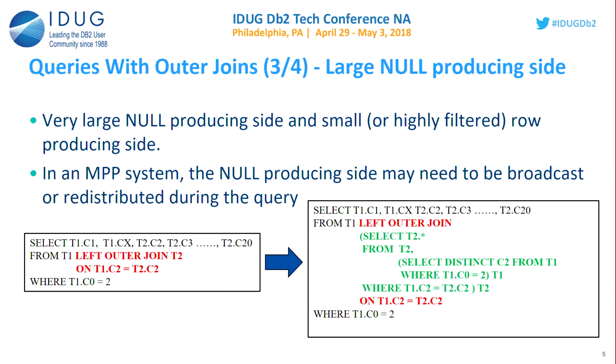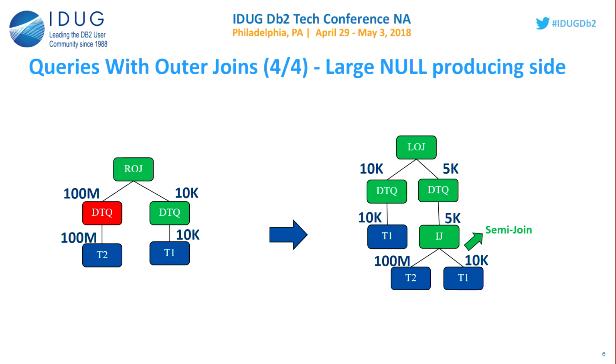Inner joins are a little more flexible when it comes to doing these joins, because if you see the diagram on the next page, you can see that we don't have to move the rows, or actually in this case we do, but there's a TQ missing here. We don't have to have the complete set of the null producing side to do the join.